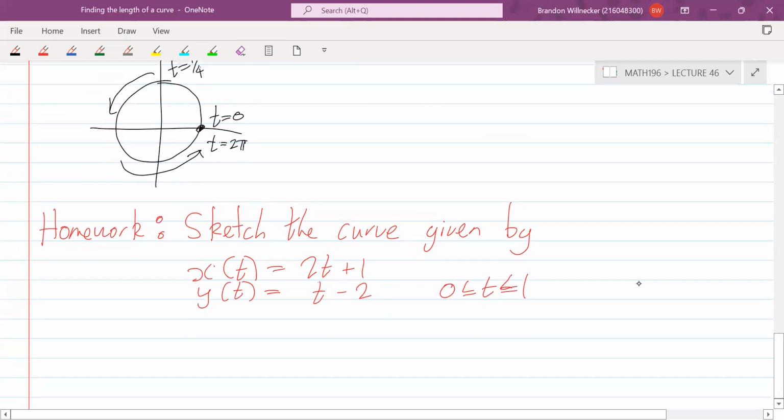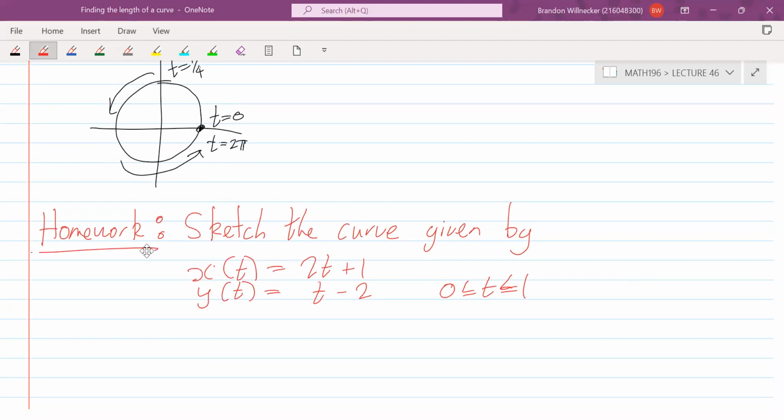So if x is given by this parameterized form and y is given by this parameterized form, what does the full curve look like? Going from 0 to 1. That should help you figure out how you draw these curves.